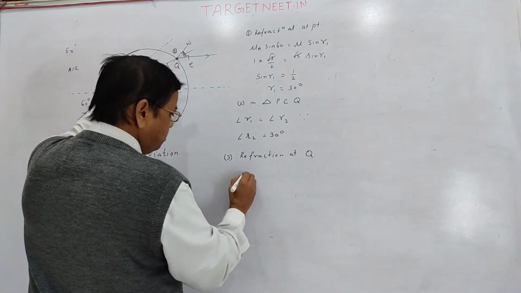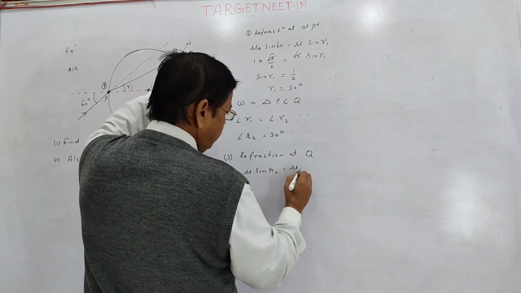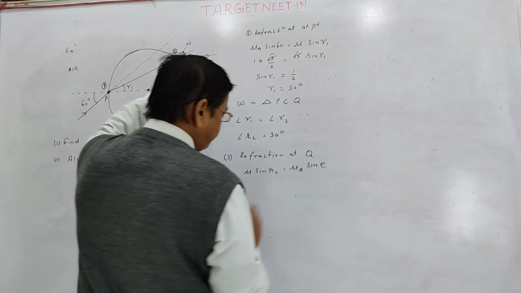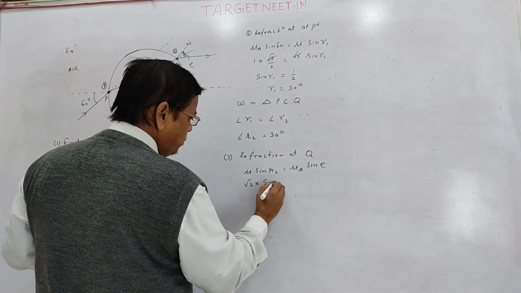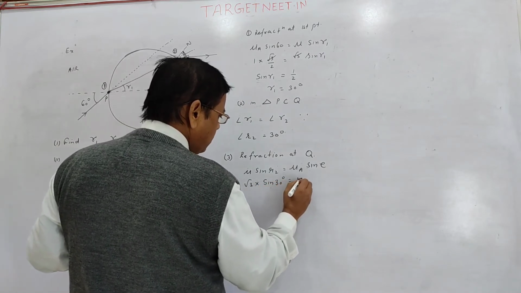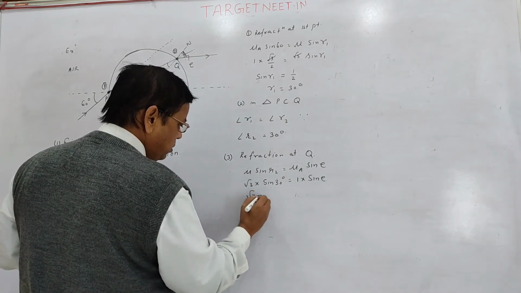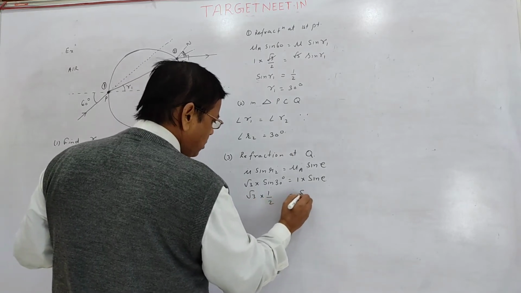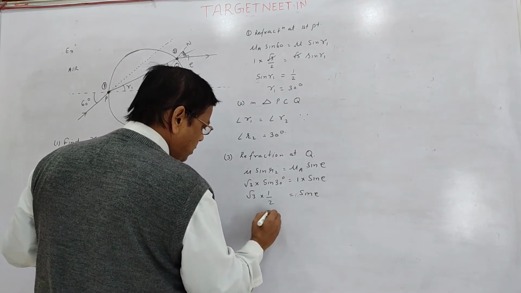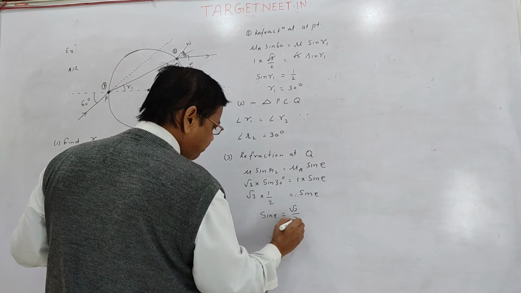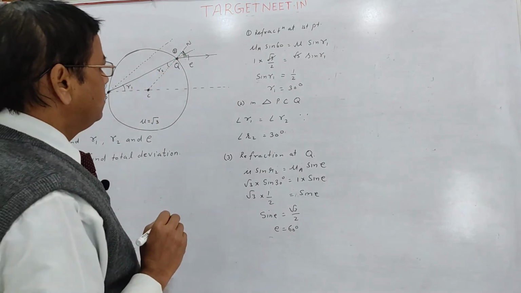So the refractive index of this, mu, into sine R2 is equal to the refractive index of air into sine E. So this is root 3 into sine R2, which is 30 degrees, is 1 into sine E. So root 3 into 1 by 2 is sine E. So here sine E is root 3 by 2. So E is 60 degrees.